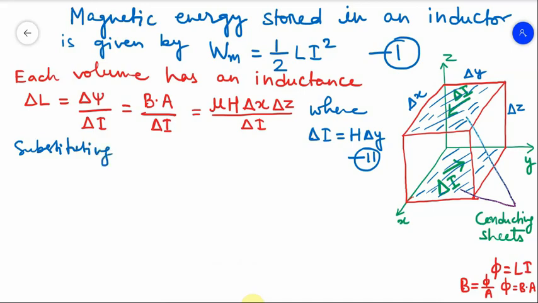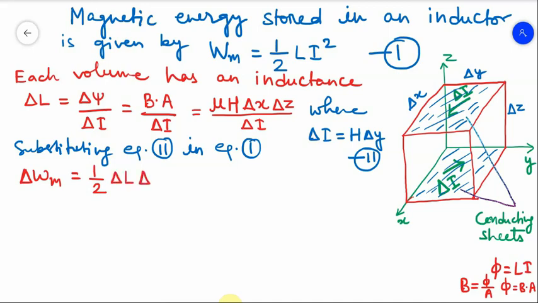Substituting equation 2 in equation 1. So this del Wm, this magnetic energy stored, will also be differential. So we can write del Wm equals half, this L will also be differential, so half del L and del I square. And what is the value of del L?